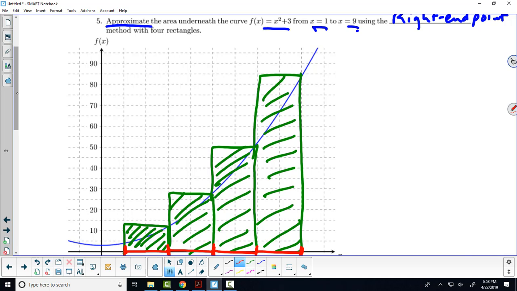We partitioned it with 5 values. So our partition, let's go abstractly first, we're going to start counting at x0, x1, x2, x3, and x4. Those are the 5 values that show up in our partition.